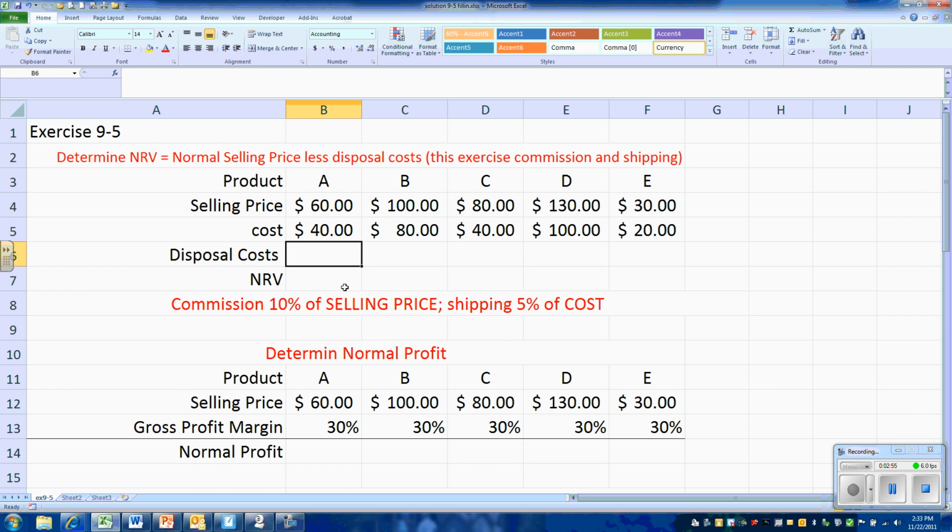We can do that all in one formula, but I'm going to break it out into steps. And first I'm going to determine the disposal cost. The disposal cost will be equal to 2 components. The first component is the commission, which is the selling price of $60 for product A times 10%, plus the cost of product A times 5%.